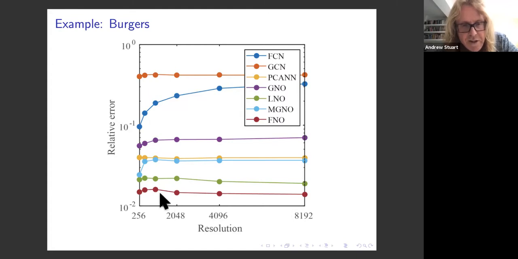Here, we're simply showing that at all of these resolutions, we attain essentially the same error. That error is related to the finite data set used to train the neural network. If one increases the amount of data, and you'll see this later, these curves shift downwards. You might want to observe this yellow curve here, which is what I call the PCA neural network, and I will show you that in the next section of the talk.